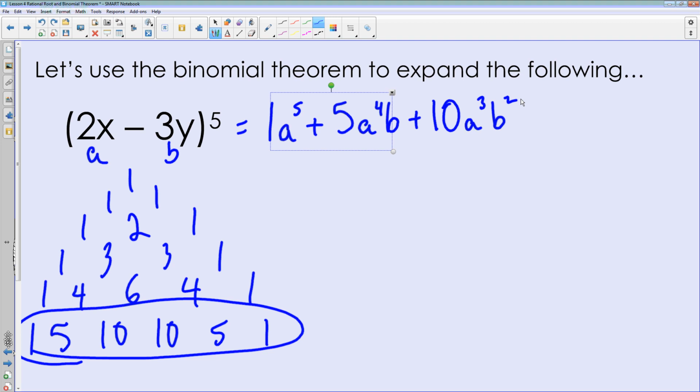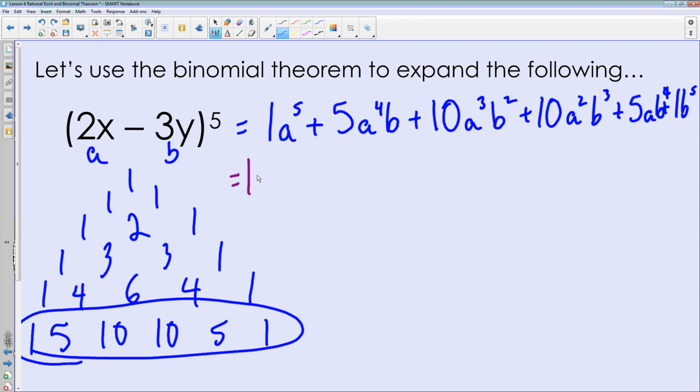Let's see, I'm doing that right. Sorry, I'm just double checking myself. It's late in the day. Plus 10A squared, B cubed, plus 5AB to the fourth, plus 1B to the fifth. Yep. So I almost ran out of room there. So I'm going to have to write a little bit smaller next time.